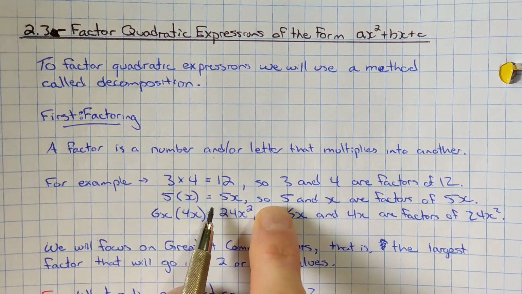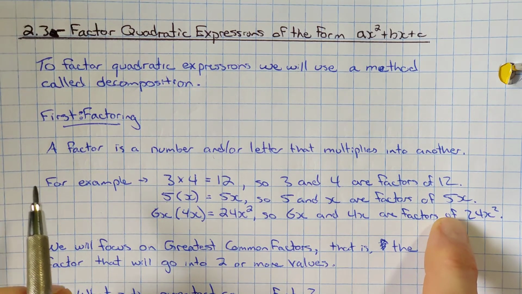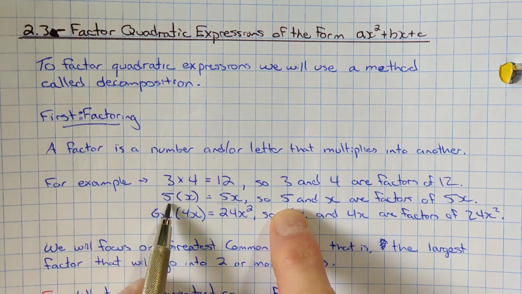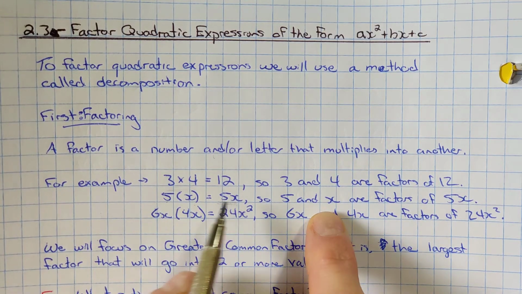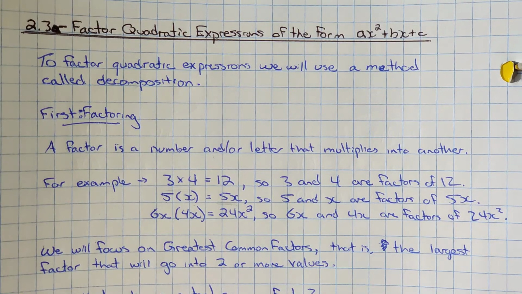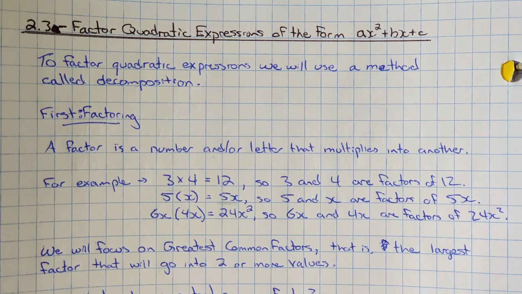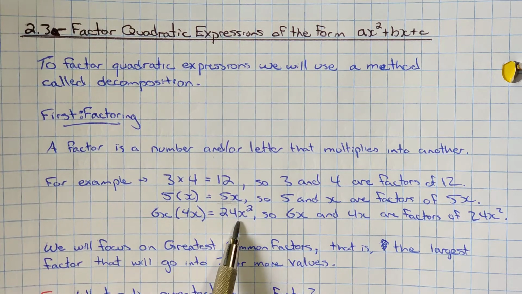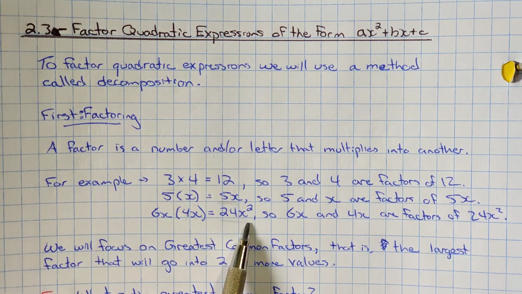That means that both 5 and x are factors of 5x, because 5 can go into there and x is multiplied into there. And it's the same if we have even bigger mixes of numbers and letters, like 6x times 4x. That equals 24x squared.